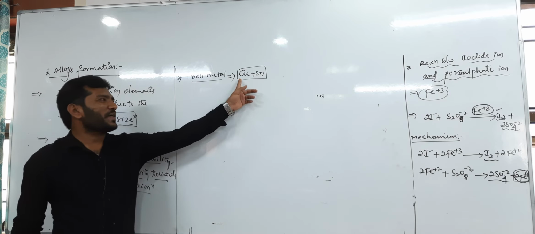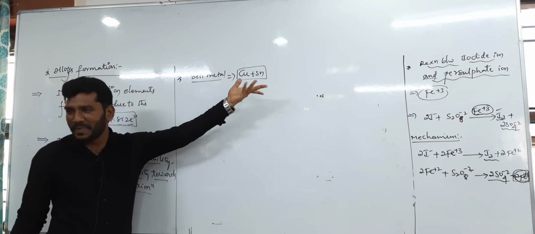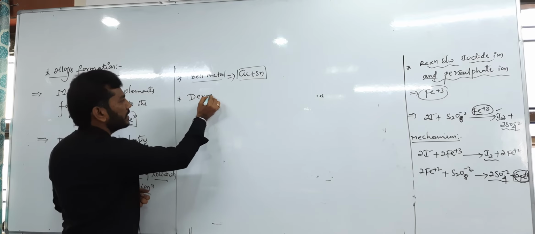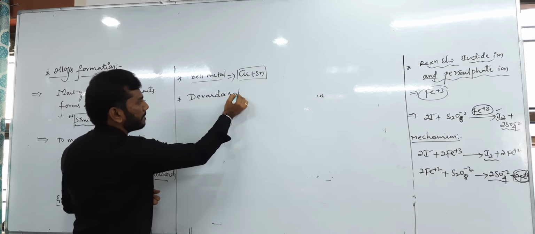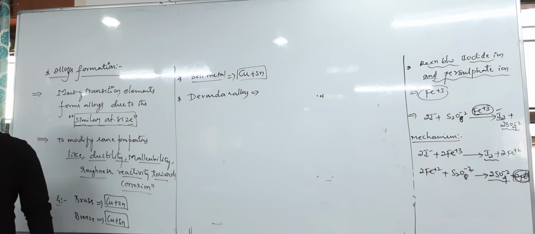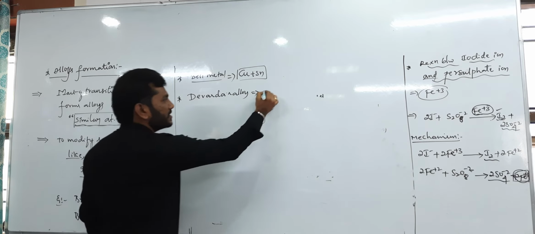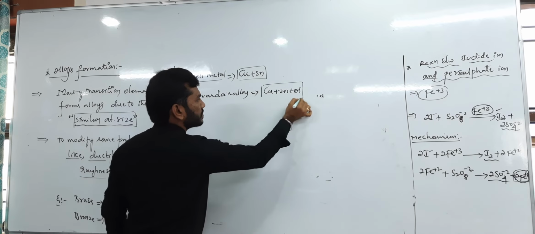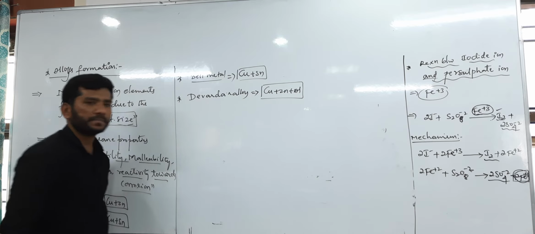Okay, copper, tin. Another alloy we have is Devarda's alloy, which has copper, zinc and aluminium. Copper, zinc, aluminium.